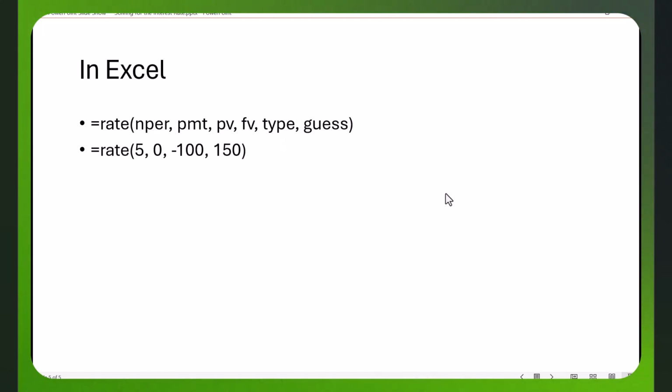Type has to do with an annuity, whether the cash flow is paid at the beginning or the end of the period. Beginning of the period is called an annuity due. End of the period, or 1 period from now, is considered an ordinary annuity. And you can give it a guess as well. So what you would put in is 5 periods, no PMT, minus 100, a negative because it's a cash outflow, and then 150.